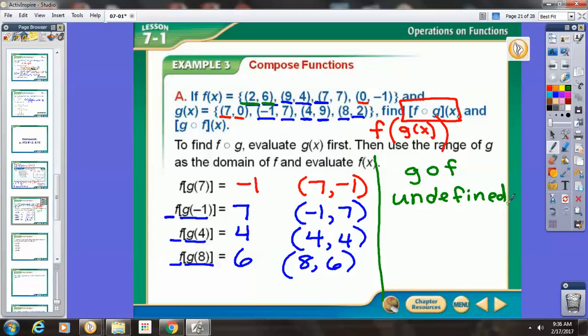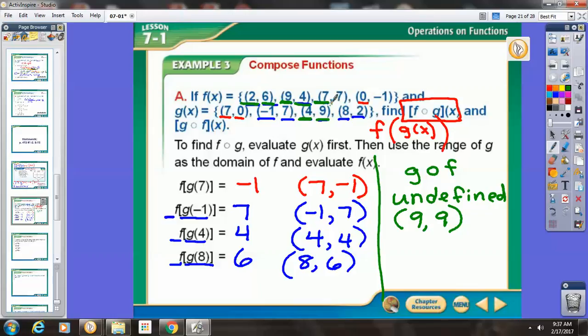Let's go to the next ordered pair. Starting with the F function, I'm going to put in 9. Put in 9, I get out 4. Can I put 4 into the G function? Yes. When I put 4 in, what do I get out? 9. So what's my ordered pair? 9, 9. First input and last output. The next ordered pair is 7, 7. So let's put 7 in.